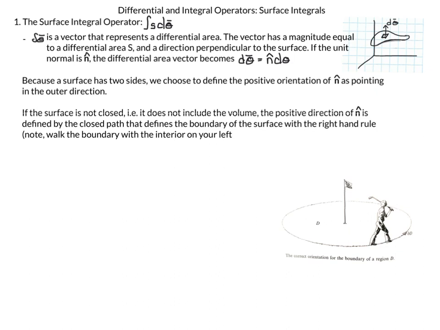So, for example, here we have a surface that looks a lot like a circle, kind of like a golfing putting green, but anyway, it looks like a circle, and we're looking at the boundary now. And the way we determine the orientation, the positive direction, is we imagine walking around the boundary in such a way that our left hand continually points towards the center.